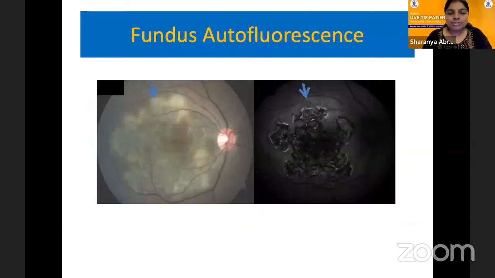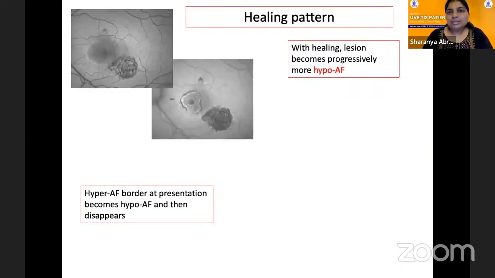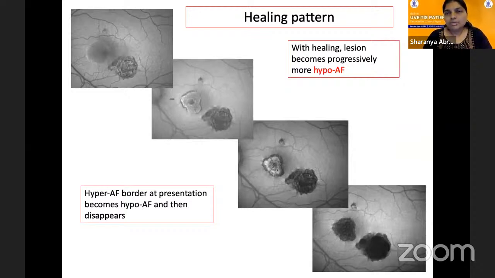Fundus autofluorescence is extremely important in choroidal lesions because, as marked with the blue arrow, there is a border of hypoautofluorescence seen around the hyperautofluorescent active edge. Now, this actually indicates an edema in the deeper retina and the RPE. So the pattern of healing that we typically describe in choroiditis is an early hyper with a late hypo.